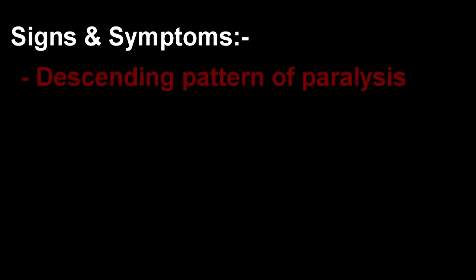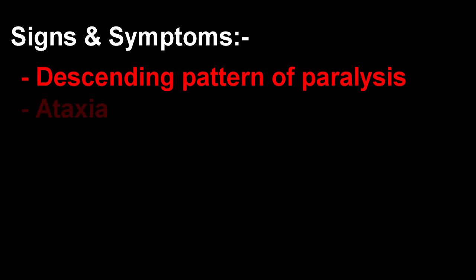Now let's see the signs and symptoms of multiple sclerosis. One of the main symptoms is a descending pattern of paralysis. It means the upper part of the body will be paralyzed first, then gradually it will go to the lower body parts. This is the typical symptom of multiple sclerosis. Next is ataxia. It means a problem with coordination.